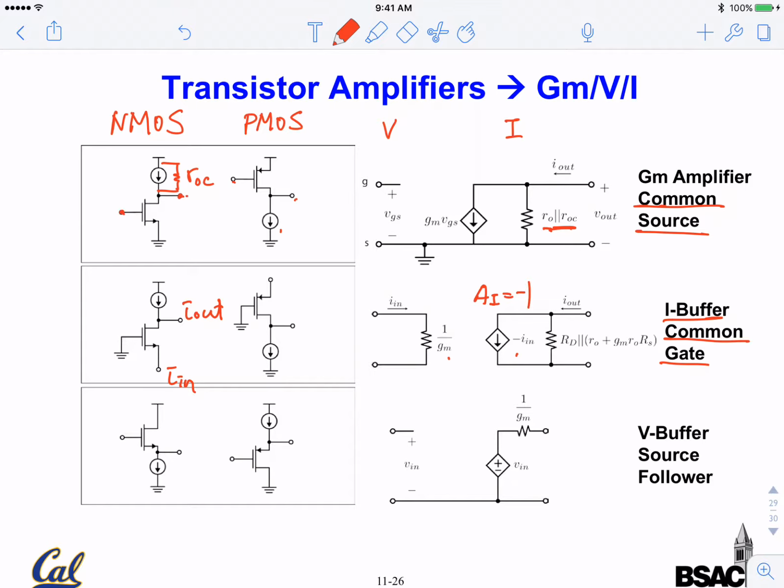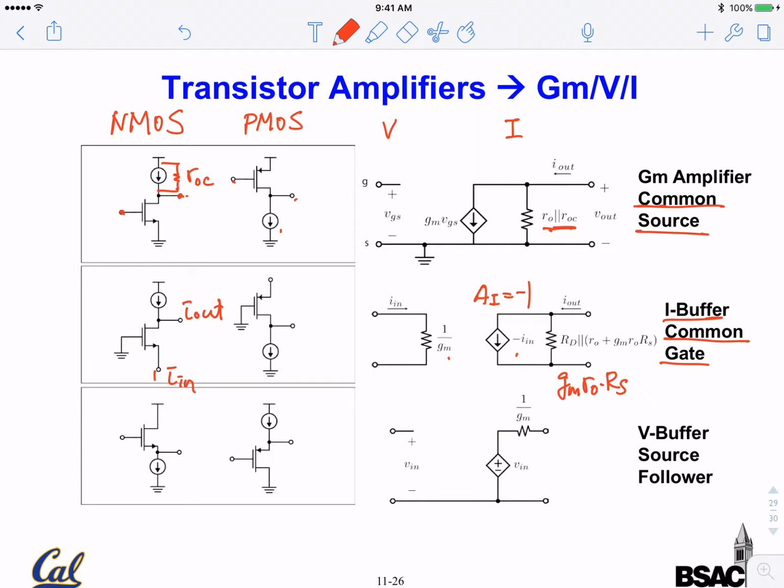And then the output resistance, we said this is a super big output resistance. We said this is GM times R0 times RS.